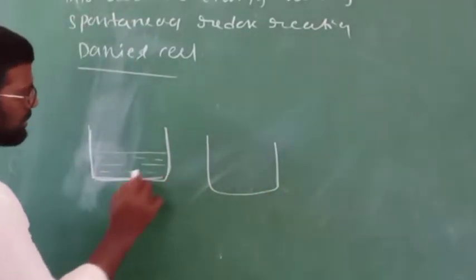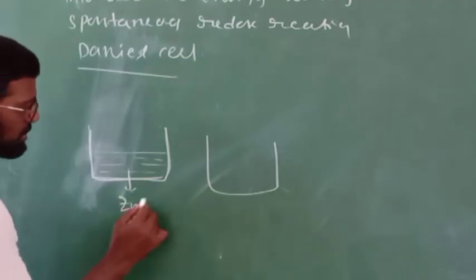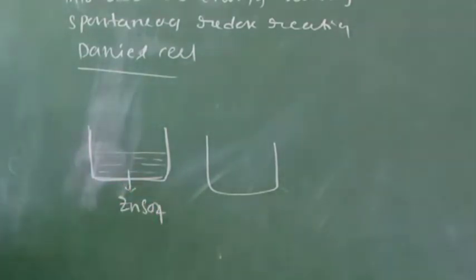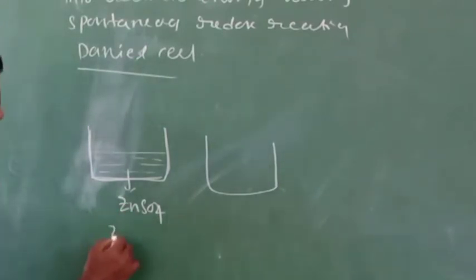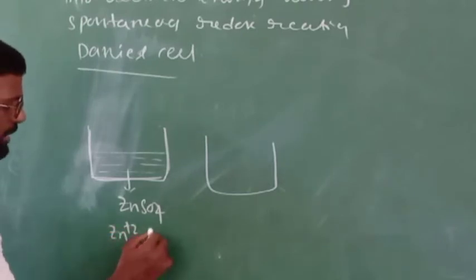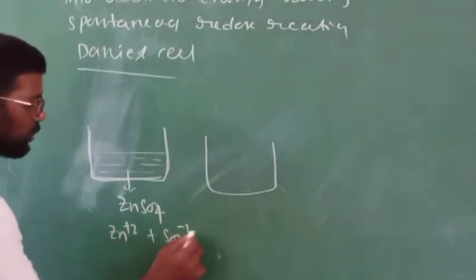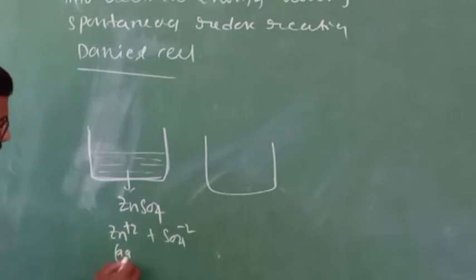It is filled with zinc sulfate solution, ZnSO4 solution. ZnSO4 solution means ZnSO4 salt dissolved in water. So it consists of a huge number of aqueous Zn2+ ions and aqueous SO4 2- ions.